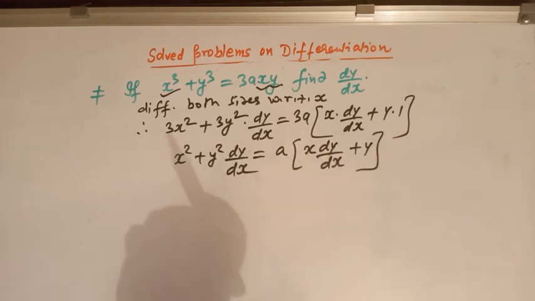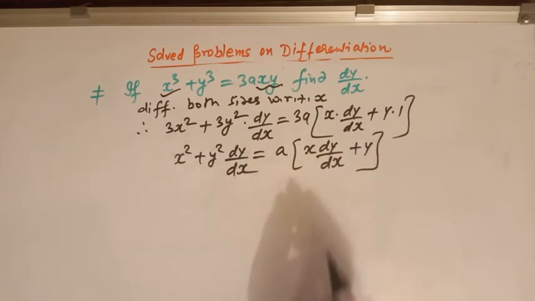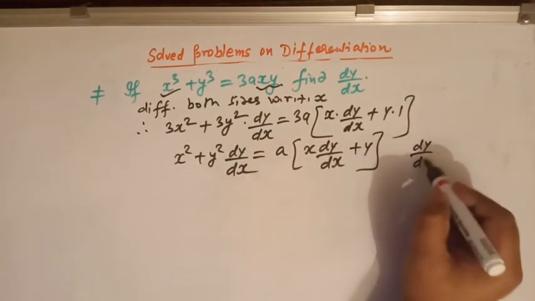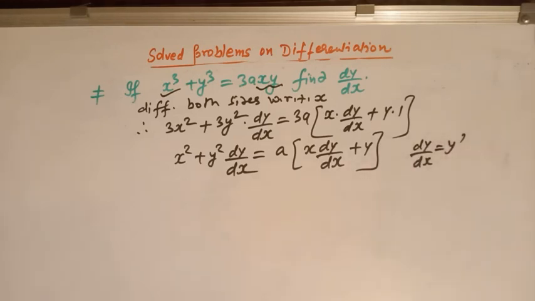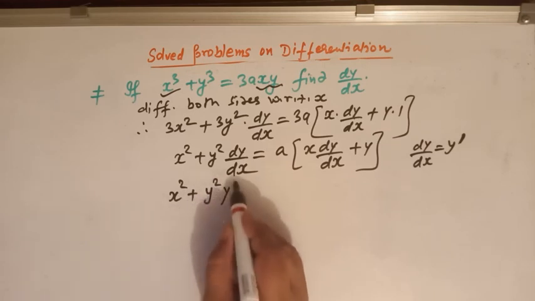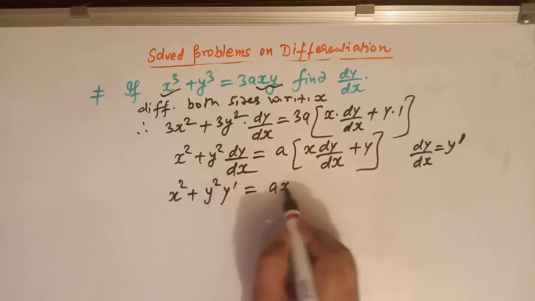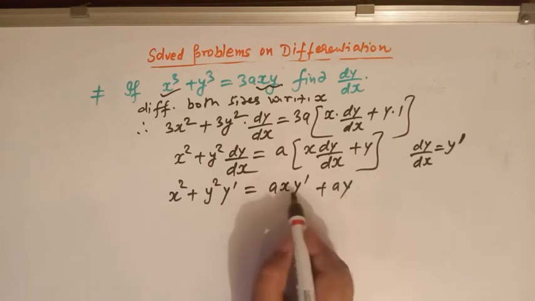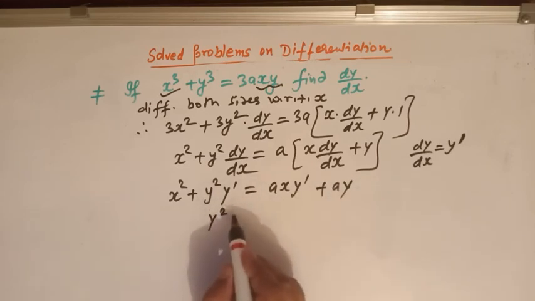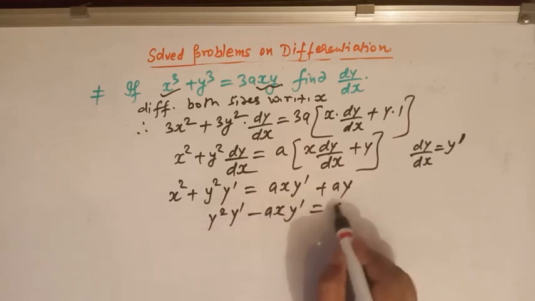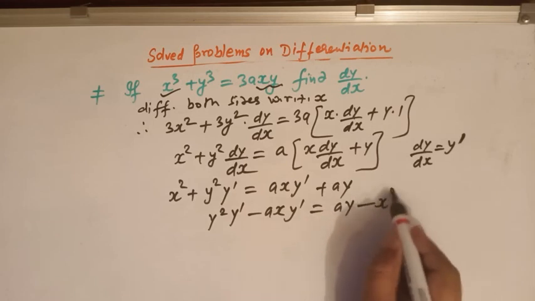Clear? Now for the sake of simplicity, I am writing dy over dx as y prime. Clear? So this is the y prime. So I will write y square y prime equals ax y prime plus ay. Clear? So we rearrange this equation and we have ay minus x square.